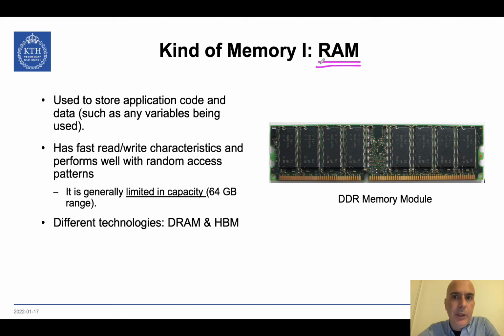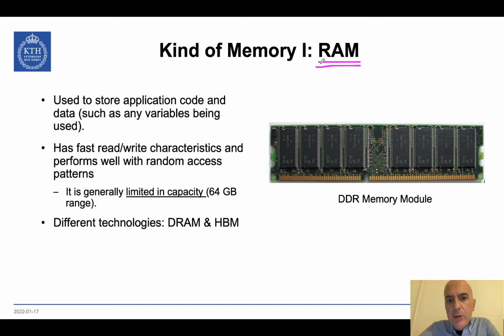So for instance, we allocate an array, and then the array will be stored in the main memory, the RAM. The RAM has fast read and write characteristics and performs well with random access patterns. So we have addresses, and we can go from one address to another.